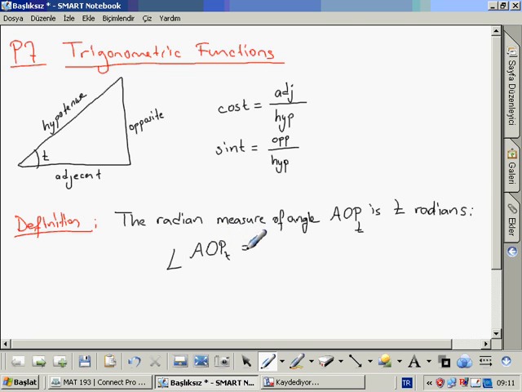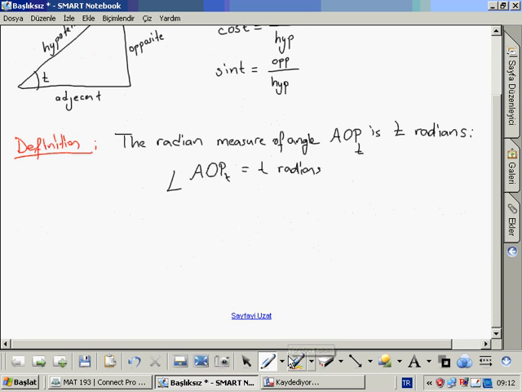AOPt equals t radians. Let me sketch it on the unit circle and you will understand it clearly.